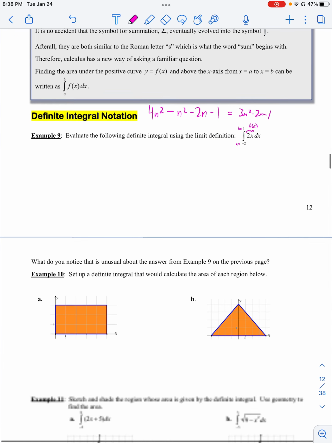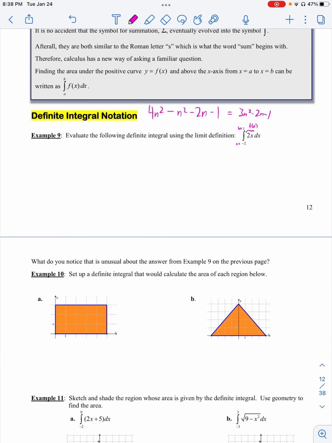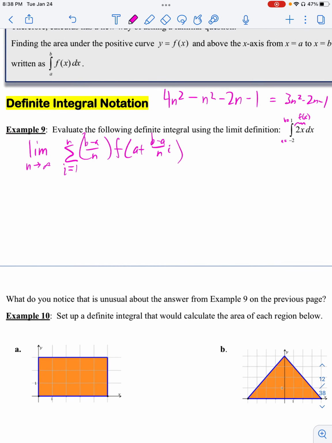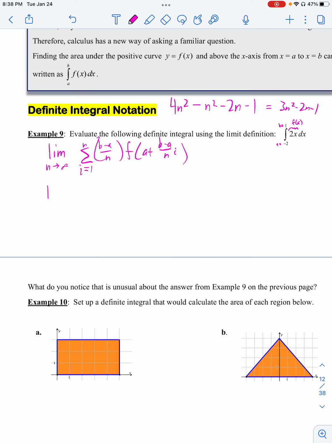It's the exact same formula. We're going to do the limit as n goes to infinity of the sum from i equals 1 to n of (b minus a) all over n times f of (a plus (b minus a) all over n times i). So right here we would just do the limit as n goes to infinity, plugging everything in.